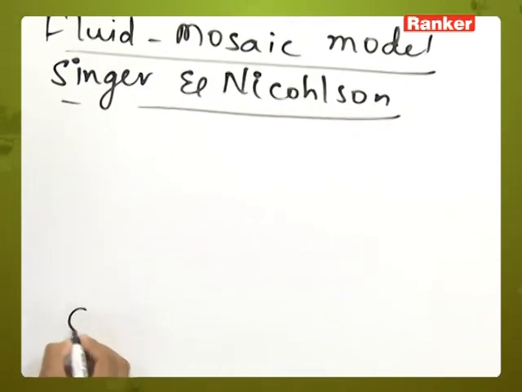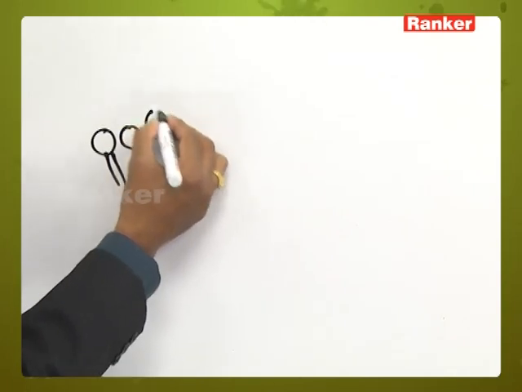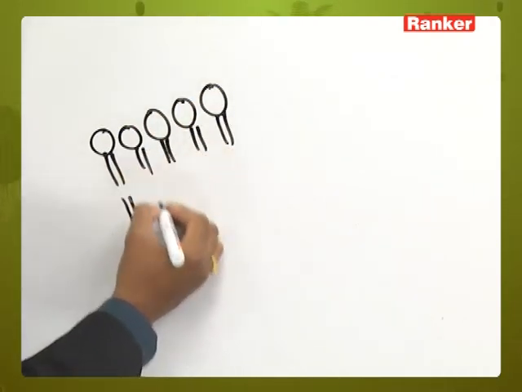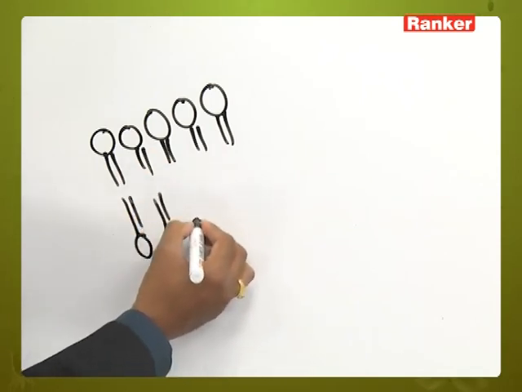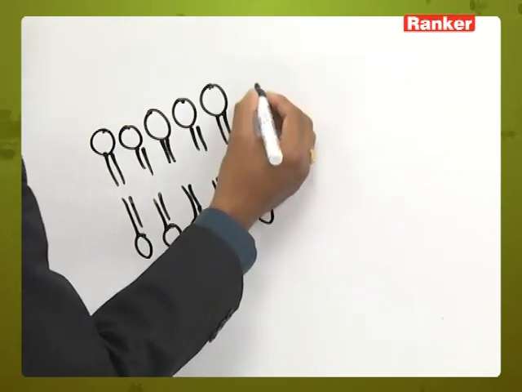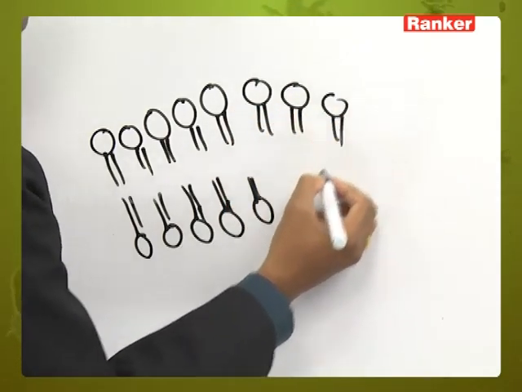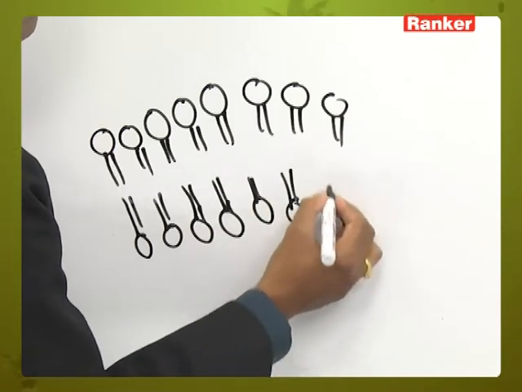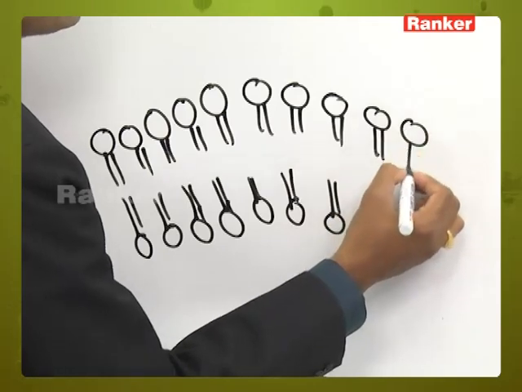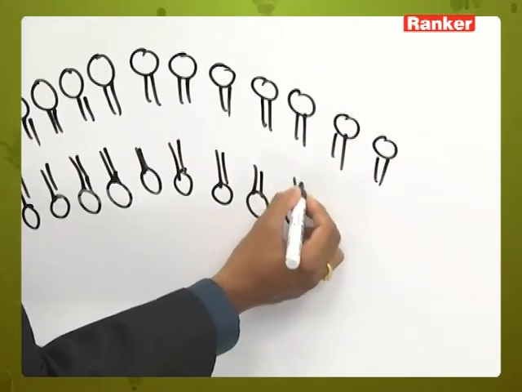Here all these phospholipids are present in the bilayer, as we had seen in the earlier models also. So this is a uniform arrangement of the phospholipid bilayer.